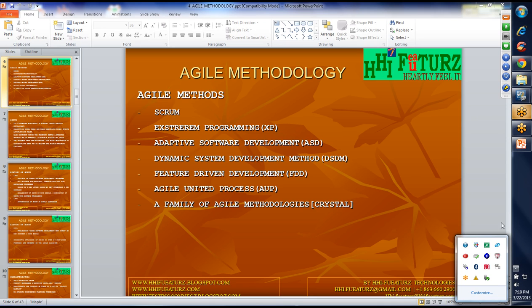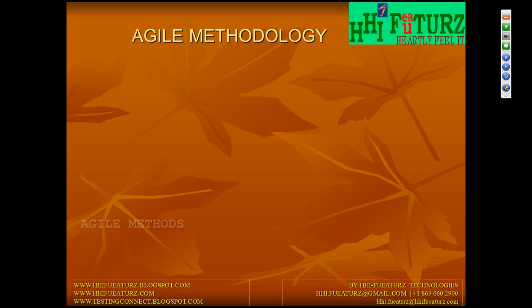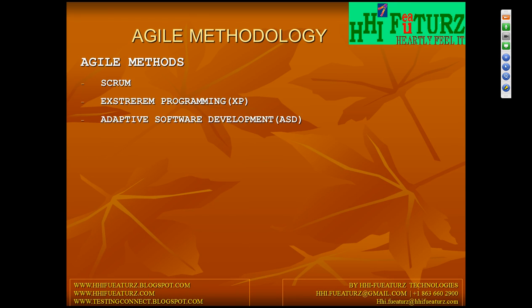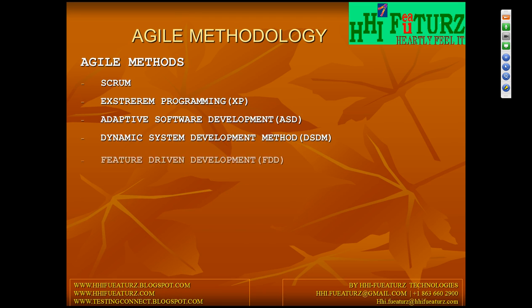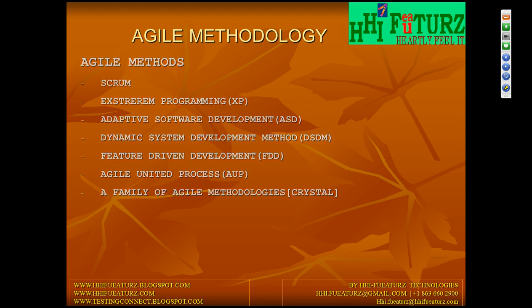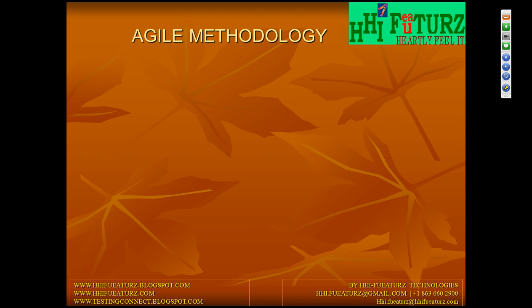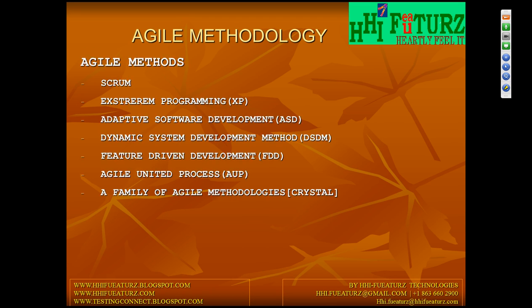Scrum is the familiar one, and most clients and projects go for scrum methodology. And don't ask me for an abbreviation or expansion for scrum. There is no abbreviation or expansion. The term itself was made up as scrum.